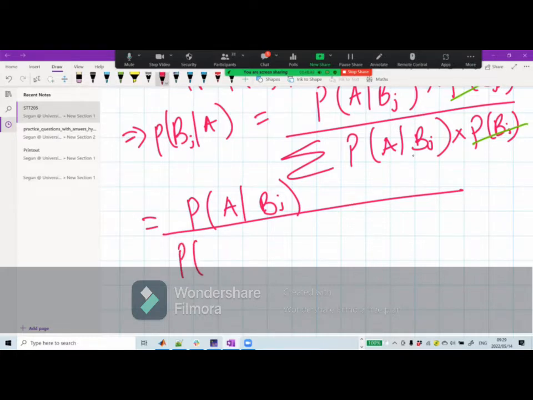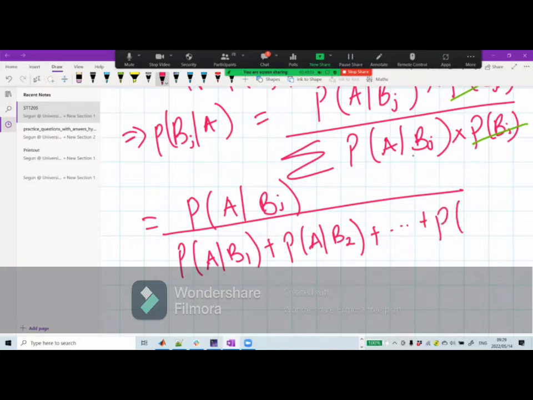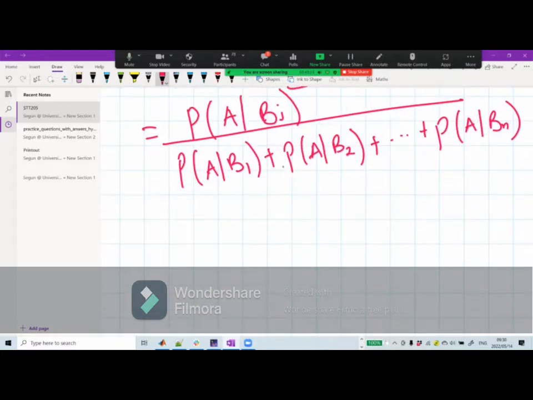so we have it to be probability of A given B1 plus probability of A given B2 plus probability of A given Bn. Since our j starts from 1 to n, it depends on the value, the kind of values you were given. And don't forget our definition.